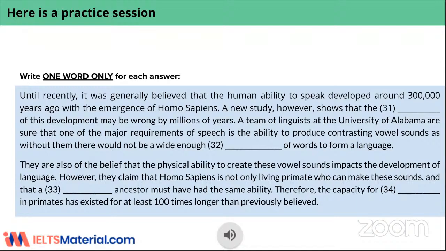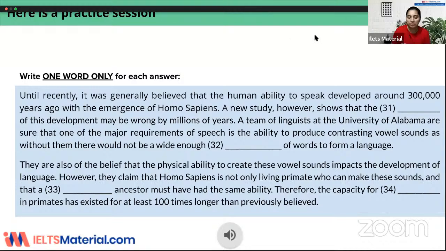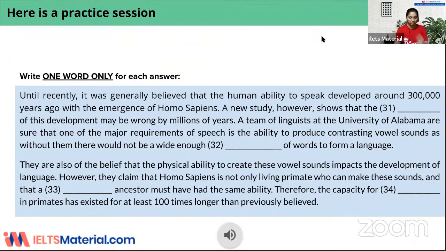It has now been discovered that some primates that are around today also have the ability to create quite a few different vowel sounds, and we must have inherited this from a common ancestor. The new argument is not that any group of primates developed language at an earlier stage, but that an ancestor that we share with many primates also had the ability to create a wide range of vowel sounds.